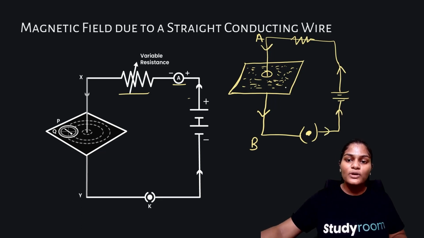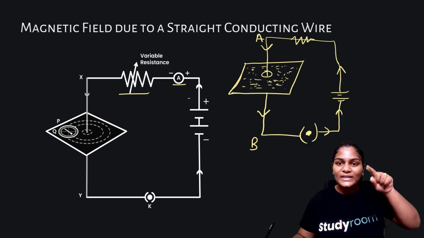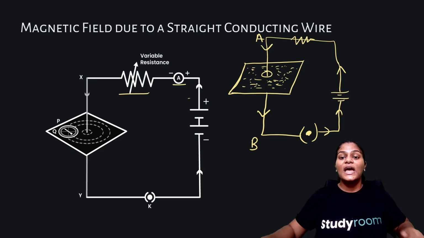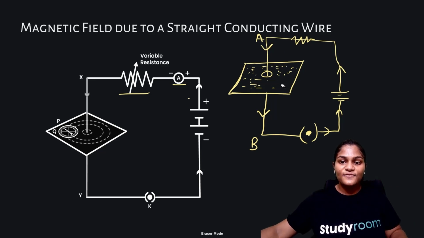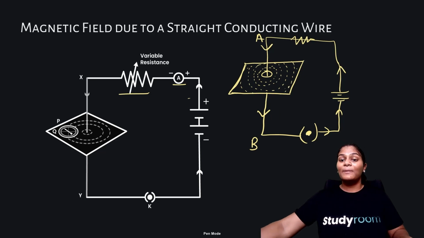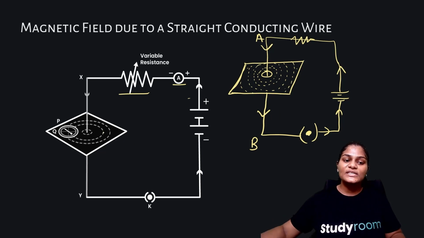Now if we gently tap this piece of paper, not hit it, but gently tap it with our fingers, we will see that these iron filings that were randomly thrown onto the paper would get arranged somewhat like this. They'll not go outside the paper, my bad. But they will get arranged like this. Now you can see it in the figure also.